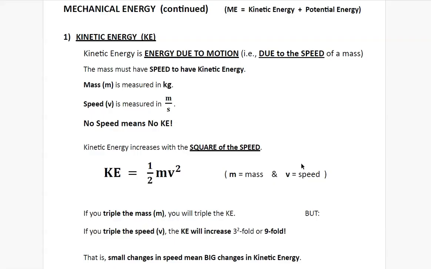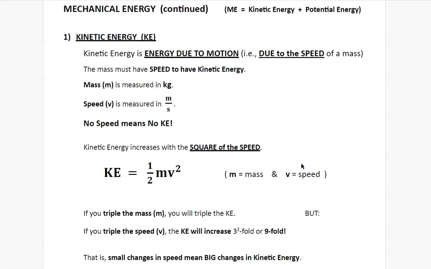Everything would become positive. But the important point here is that the kinetic energy is directly proportional to mass. So if you double the mass, you'll double the kinetic energy. If you triple the mass, you'll triple the kinetic energy. But the kinetic energy is also proportional to the speed squared, not just the speed, but the speed squared.